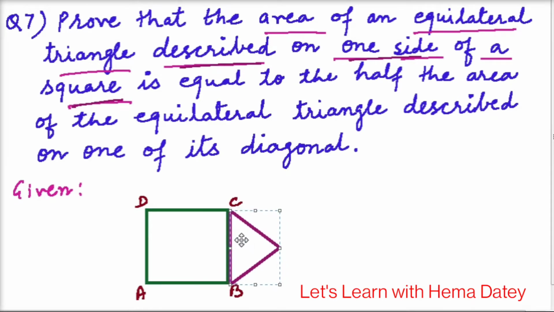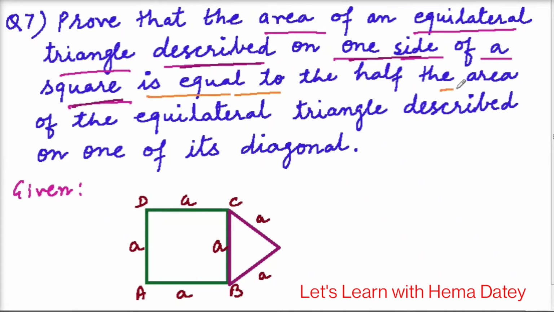You can see the equilateral triangle is drawn, and each side of this equilateral triangle is equal to the side of the square. Let's assume the side of the square is A, so the side of this equilateral triangle will also be A.